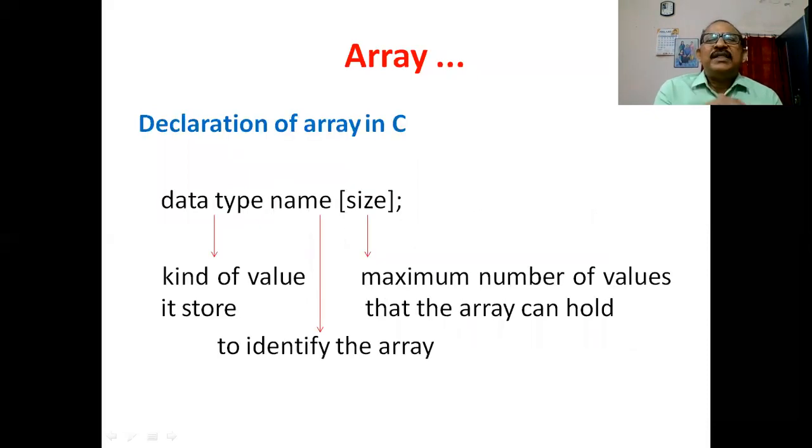Let us see how we declare an array in the C language. First, we write the name of the data type, followed by the name of the array, and followed by the size of the array. What is the purpose of writing the data type?